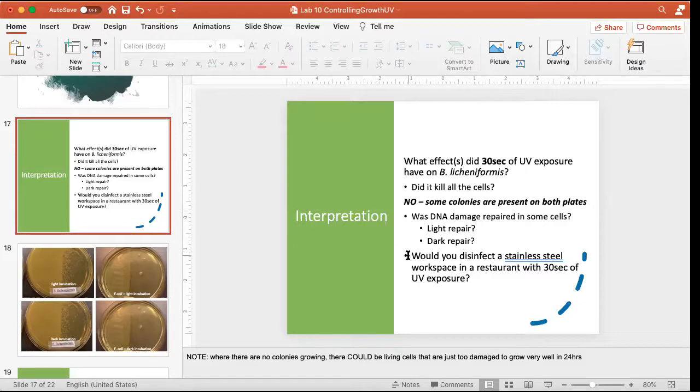So would I disinfect a stainless steel work surface in my restaurant with 30 seconds of ultraviolet exposure? Would you? Would you feel good turning on your ultraviolet light in your restaurant for 30 seconds over the work surface where the meat was being cut up?